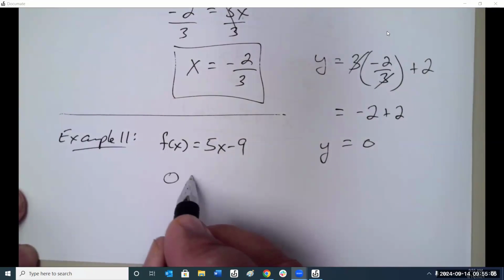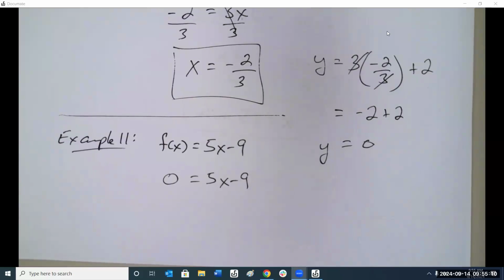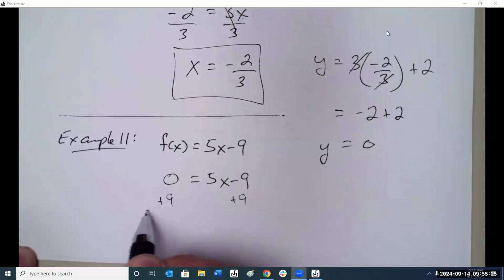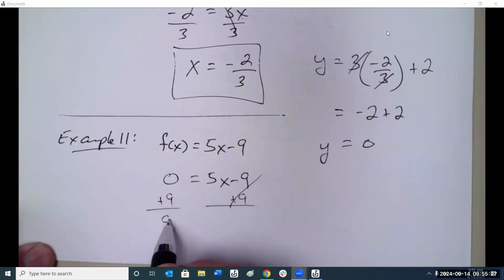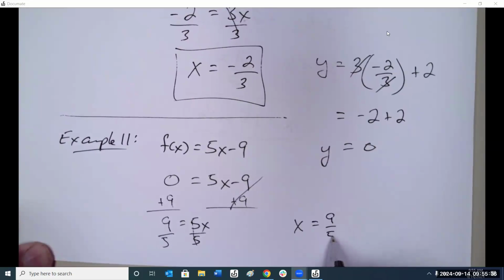Set f of x equal to 0 and solve for x. So x equals 9/5.